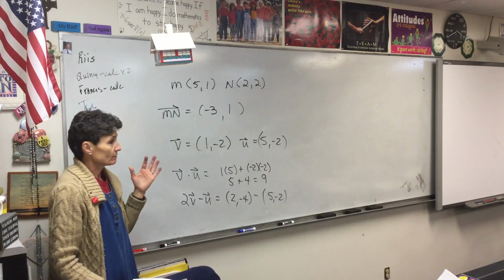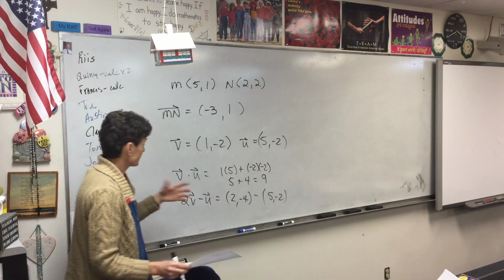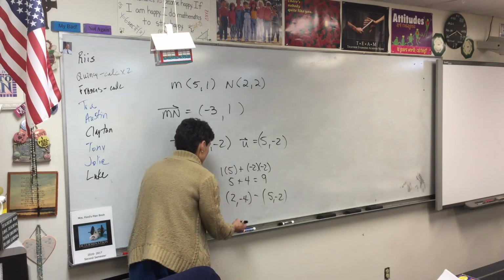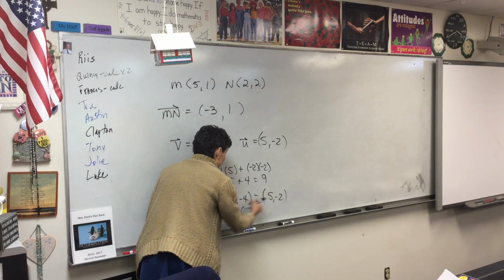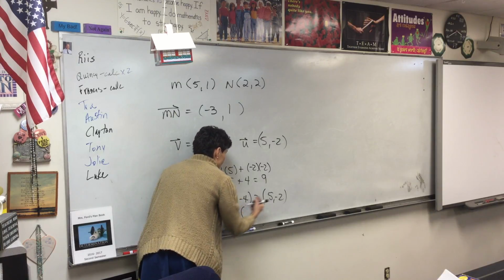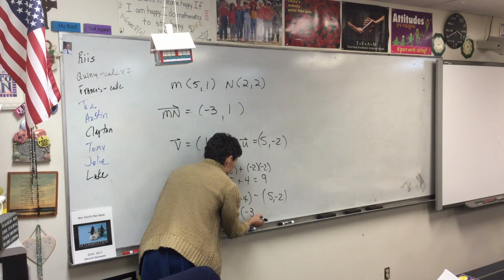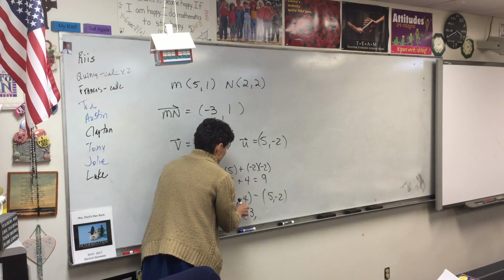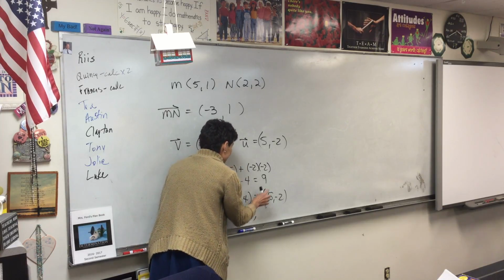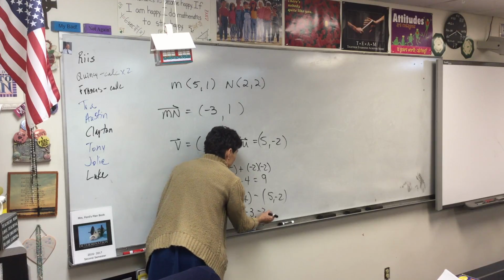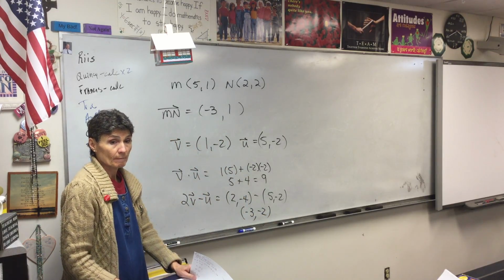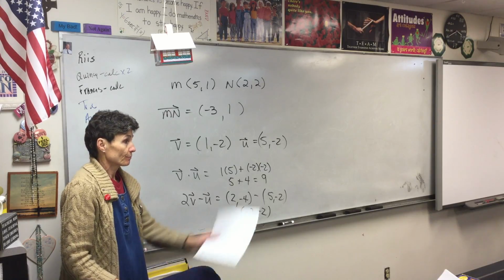When we subtract, we do it just like we do with matrices. We take first number minus first number, negative 3. And then second number minus second number, which would be, watch your signs, negative 4 minus negative 2. Negative 4 plus 2. Got it?